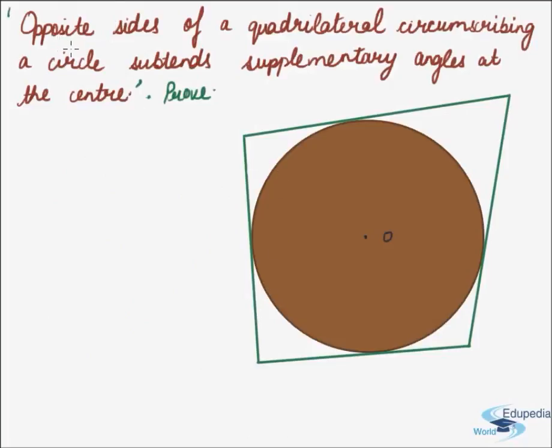A statement is given: opposite sides of a quadrilateral circumscribing a circle subtends supplementary angles at the center. Prove. So we need a quadrilateral circumscribing a circle, which we have drawn over here with center O. We need to prove that opposite sides of such a figure subtends supplementary angles at the center.